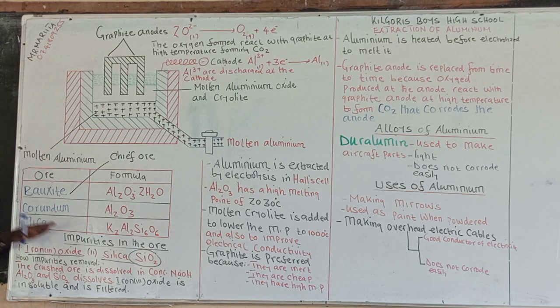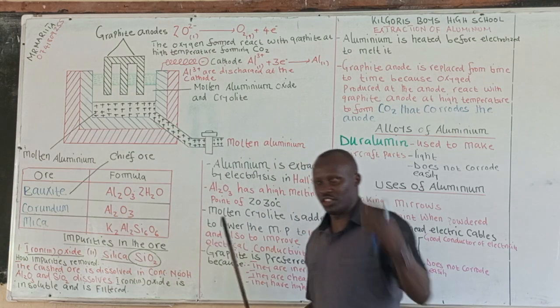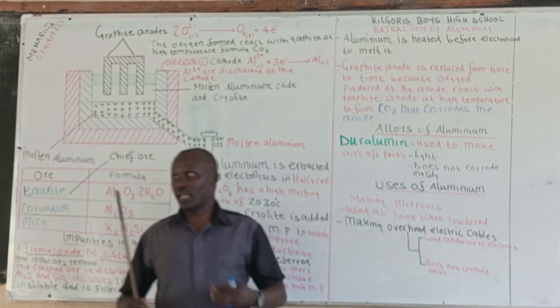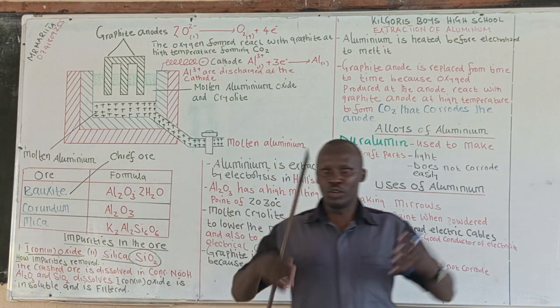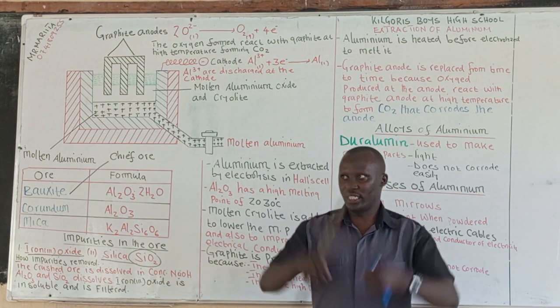Now, how are these impurities removed? That is the iron trioxide and the silicon oxide. First, the crushed ore is dissolved in concentrated sodium hydroxide, whereby aluminium oxide is an amphoteric compound, so it will dissolve in the base, and silicon oxide is an acidic compound.